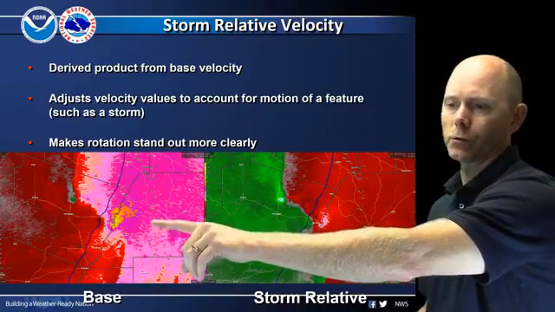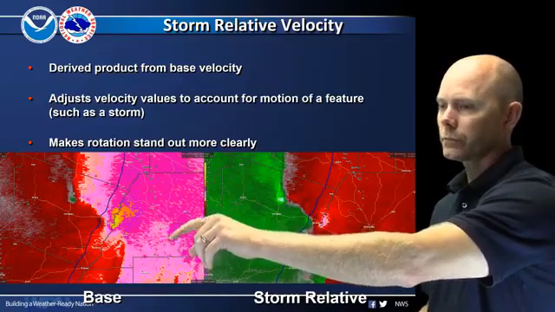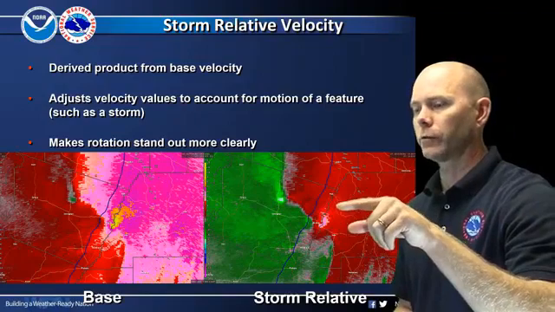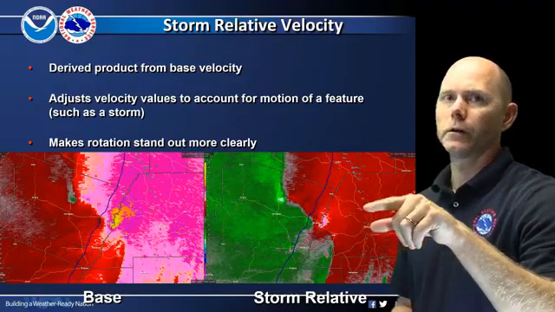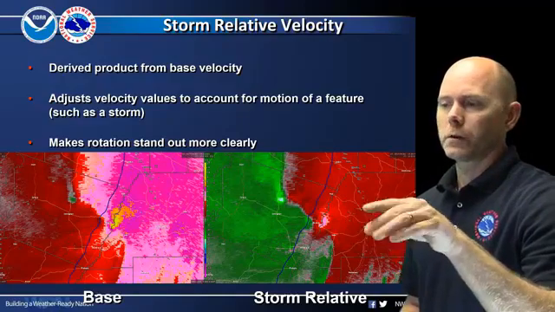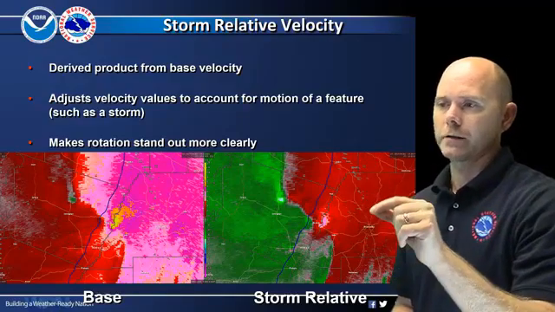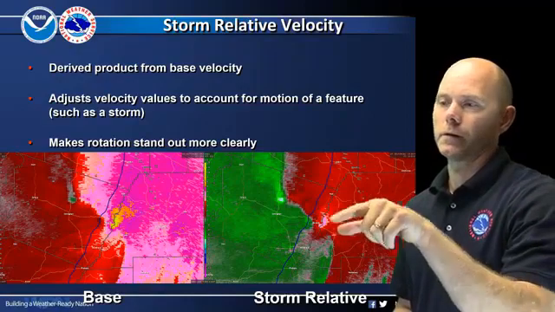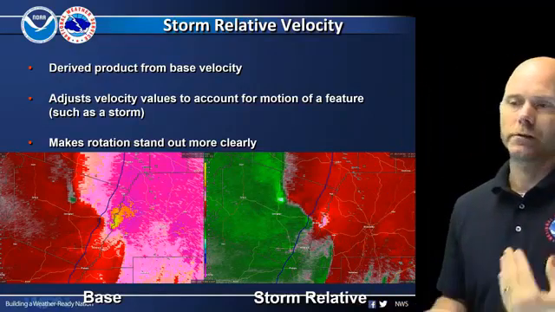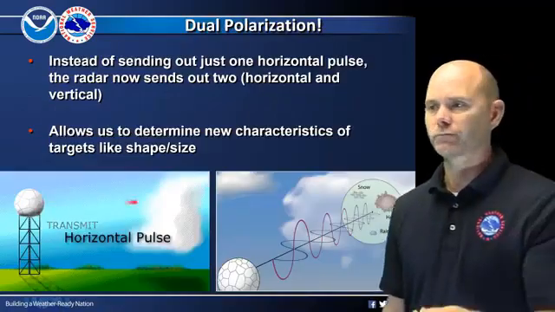Even though you don't see greens, there is circulation. For that circulation to show up better, you can use something called storm relative velocity. It will take the velocity of the system, the movement of that line, and subtract it away from the inbounds and outbounds you're seeing from the radar, and it'll give you a better sense of the rotation.